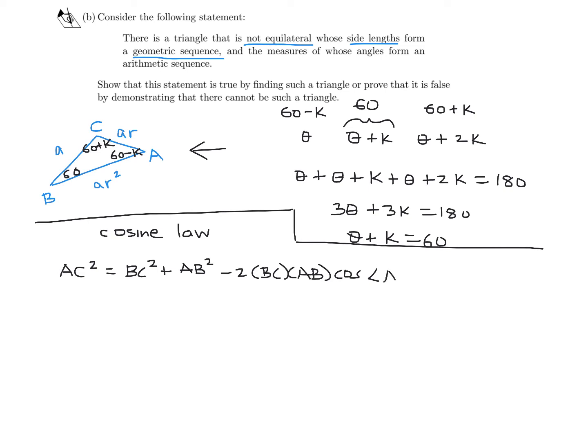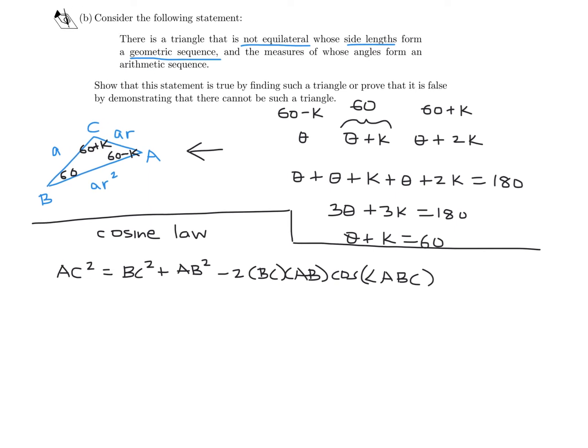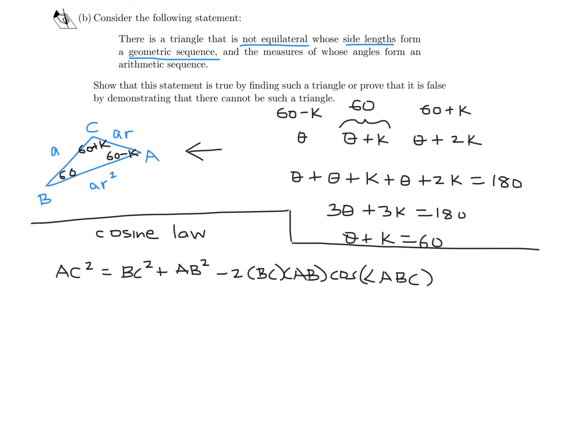Now let's work with this and see if it works out. If it works out, then we've proven that there is such a triangle. If the cosine law does not make sense at the end, then it shows that we do not have such a triangle. That is how we're going to approach this.